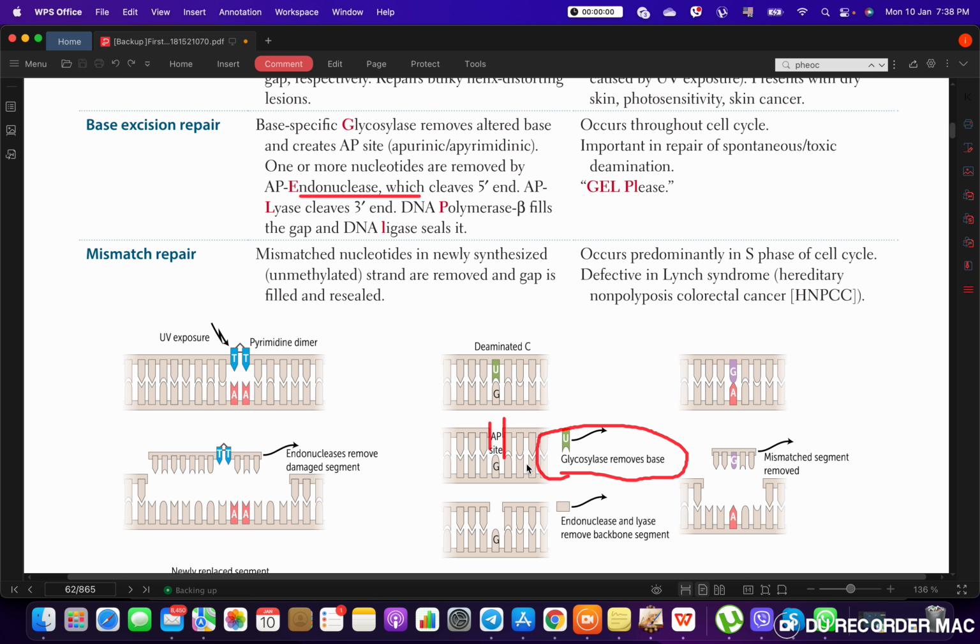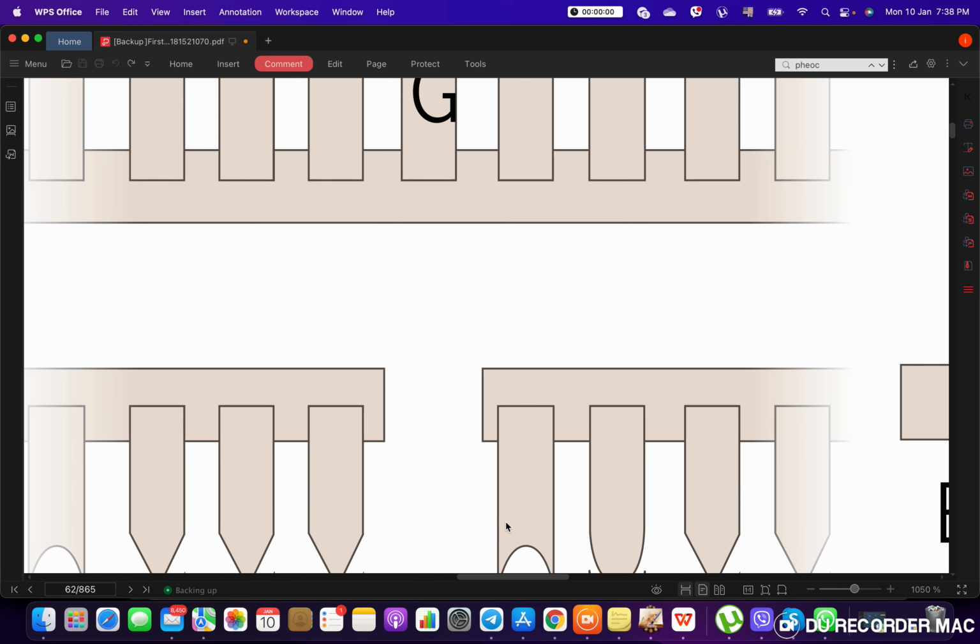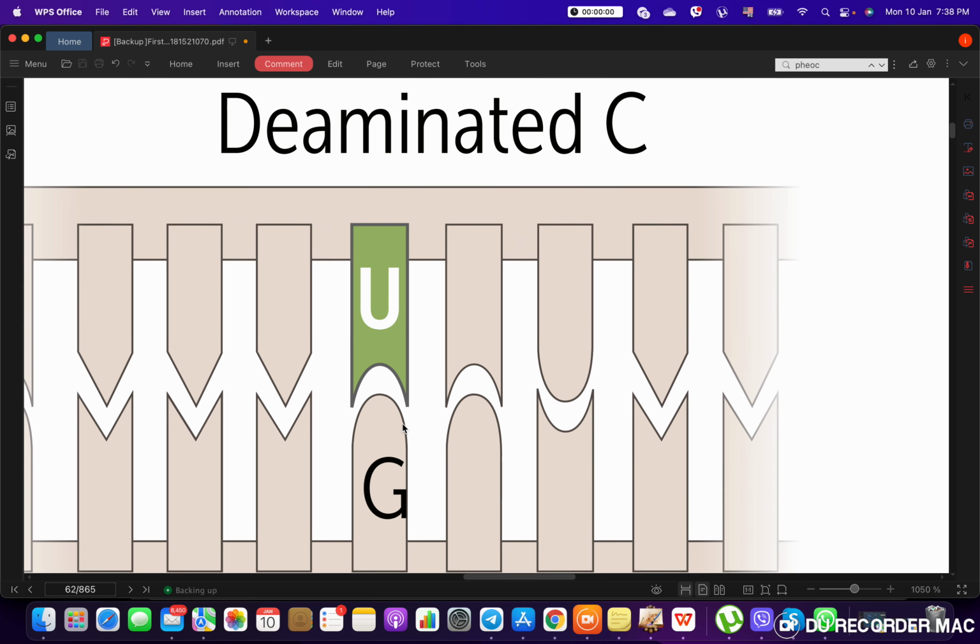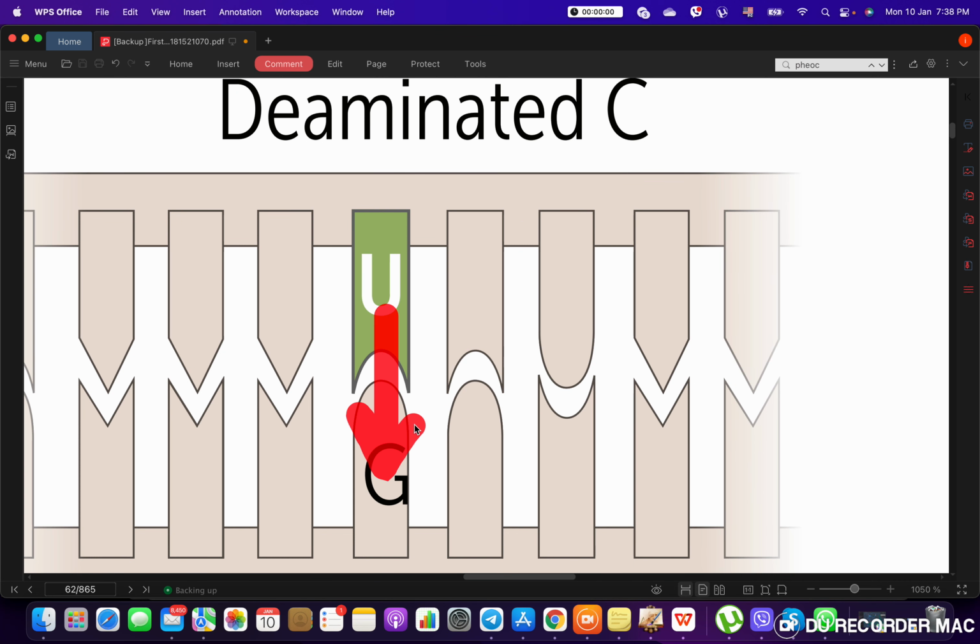So basically, to make it simple for you guys, we just remove one base, the one that we don't want, the one that is problematic, with the help of a glycosylase, and then the polymerase comes in and puts in the one you have removed, but now it's not a pathological one anymore. Should uracil bind to guanine?